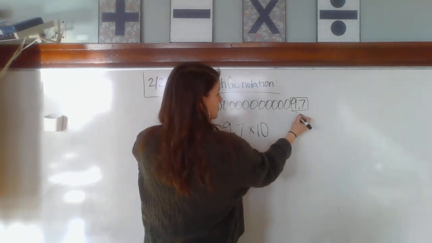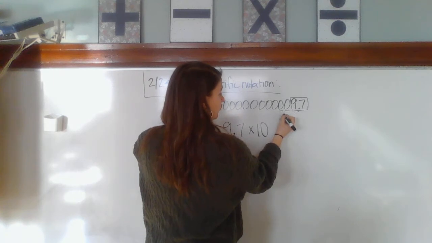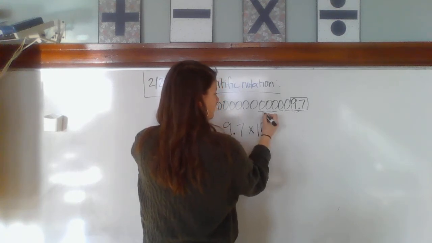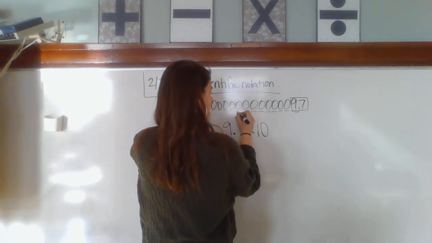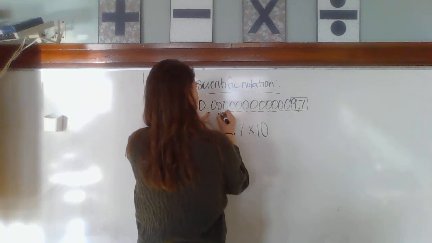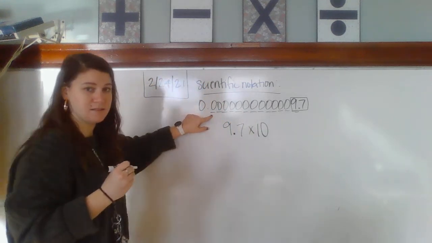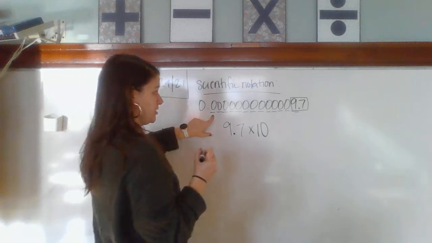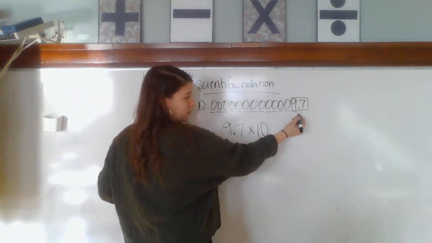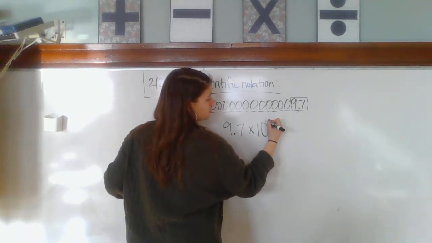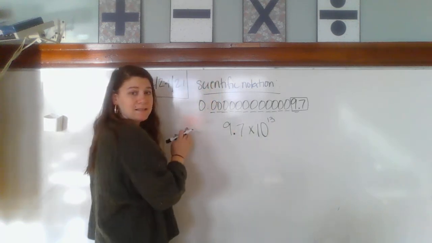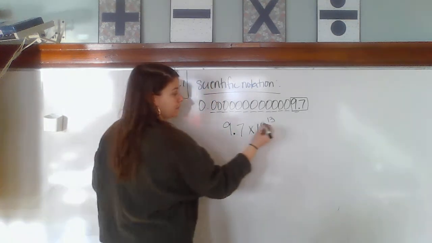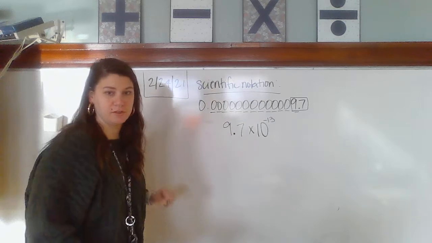So in this case, it's 1, 2, 3, 4, 5, 6, 7, 8, 9, 10, 11, 12, 13 places. 13 places. So from the 9 all the way over, there are 13 spaces. So it's 13, but because this is a tiny, tiny, tiny number, it's a negative 13.